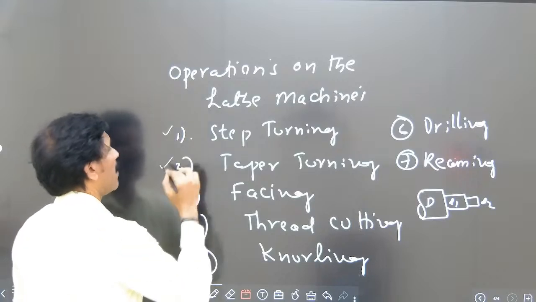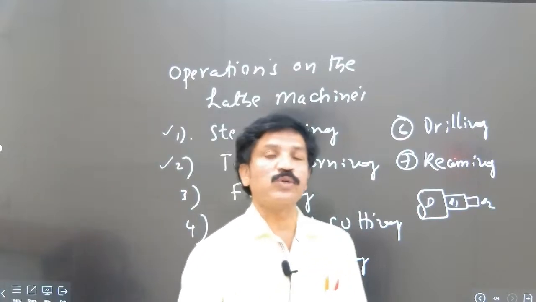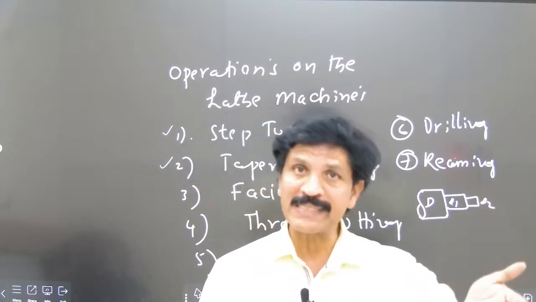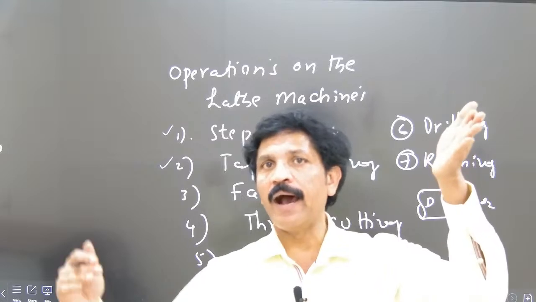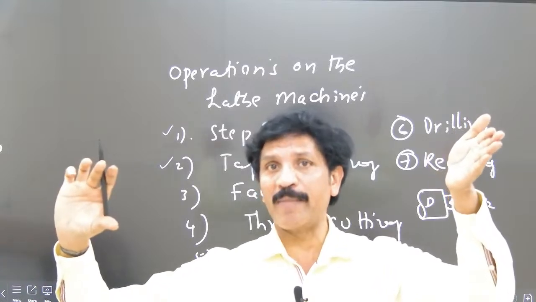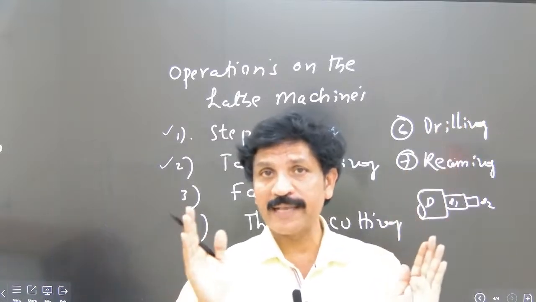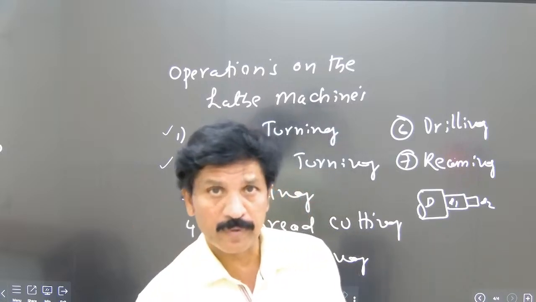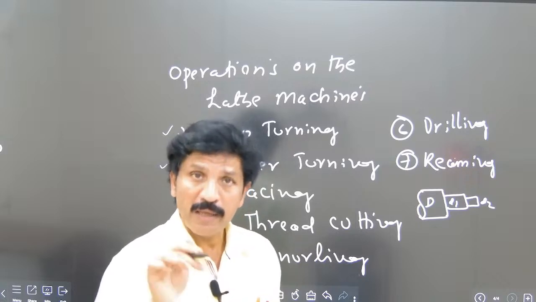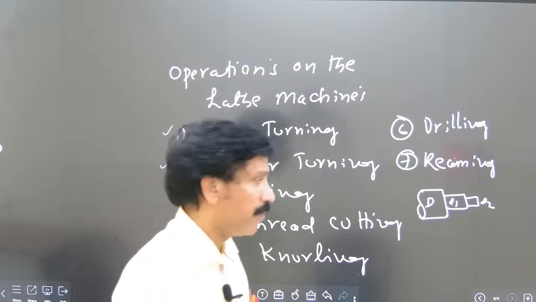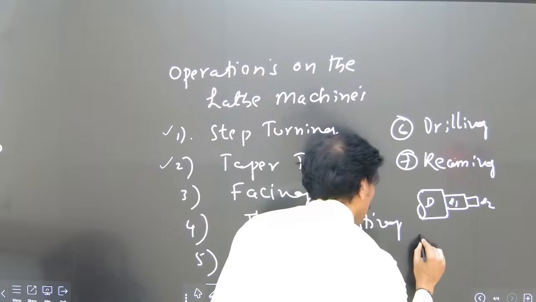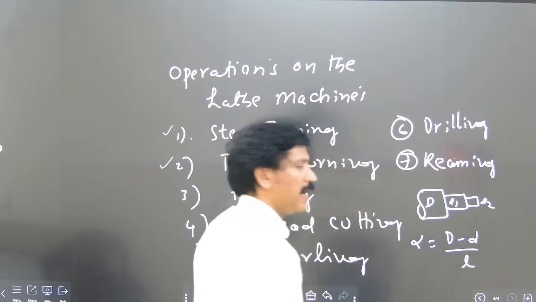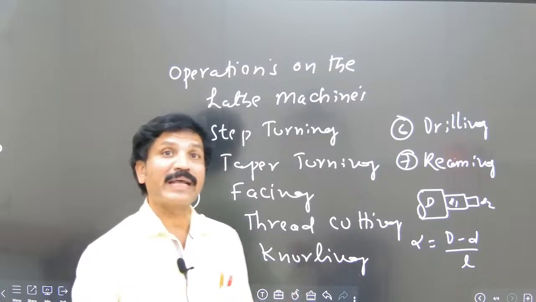Next, taper turning operation. Taper turning means one side has the higher diameter and the other side has the lower diameter. There is a calculation for taper turning: alpha is equal to capital D minus small d by L, which gives the taper turning angle.